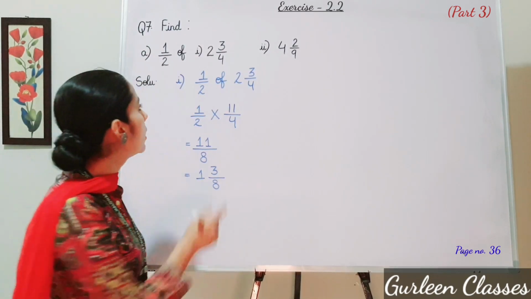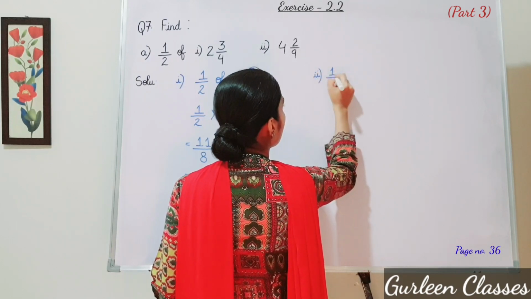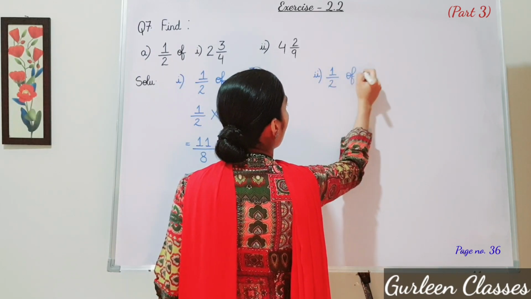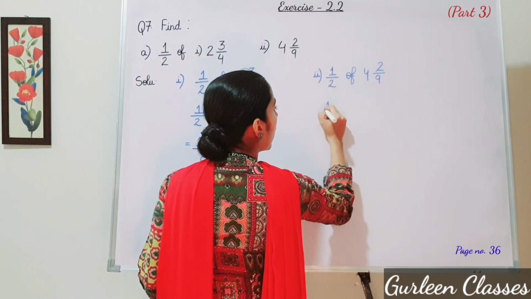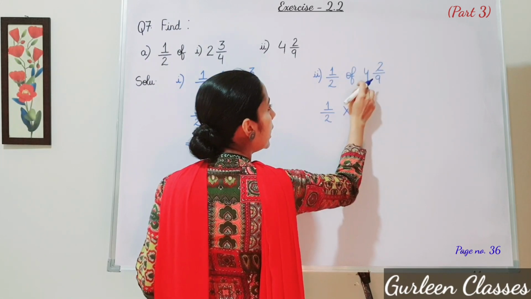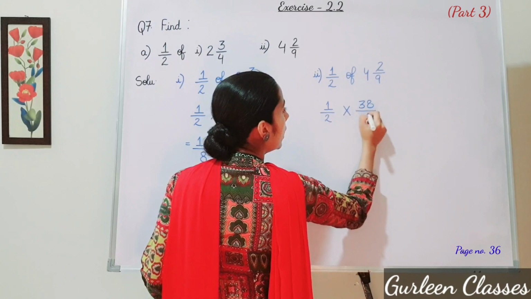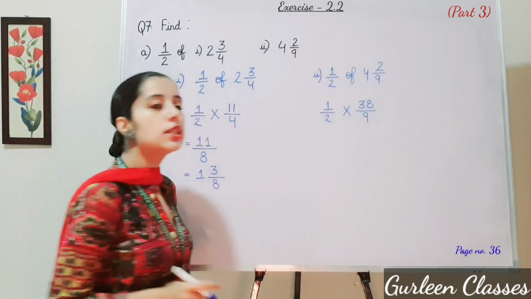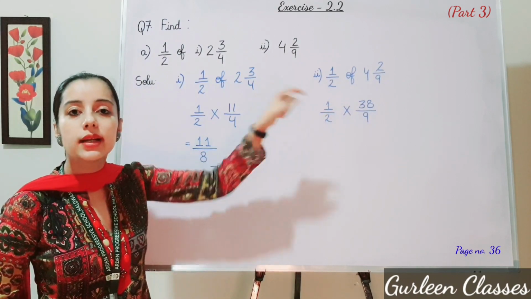Now second part: 1 upon 2 of 4 whole 2 upon 9. So 1 upon 2 of means multiply. 9 4s are 36 plus 2, 38 upon 9. So students, if you notice here, numerator we have 38 and denominator is 2.